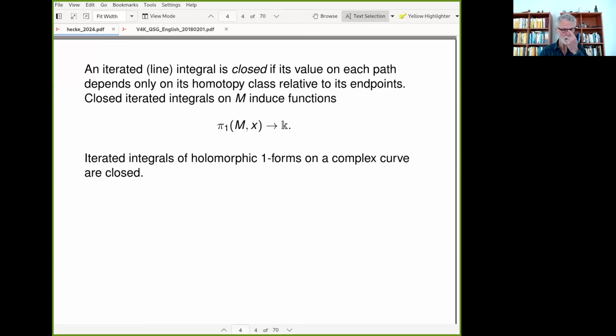You take a representative of the homotopy class, evaluate the iterated integral on it, and you get an element of K. They're not, in general, homomorphisms. They satisfy all sorts of properties, which you may or may not know about, but at the moment they're not so important. And I should point out that on a complex curve, iterated integrals of holomorphic one forms are always closed. That means their value on a path depends only on the homotopy class of the path relative to its endpoints.